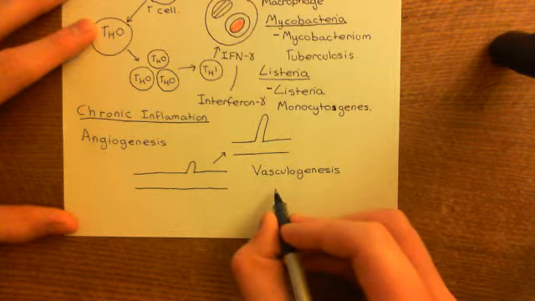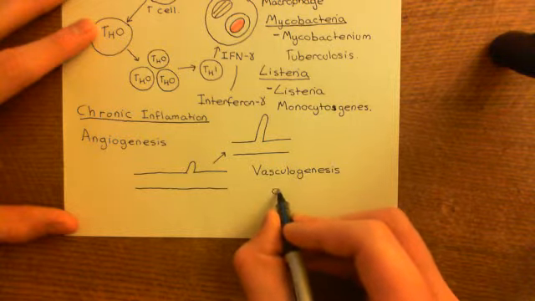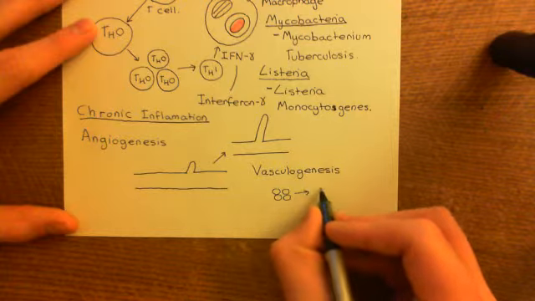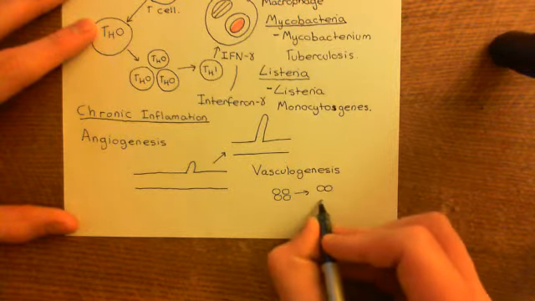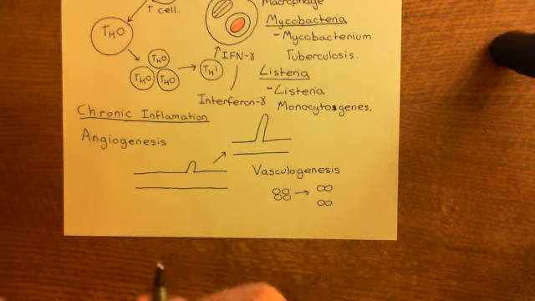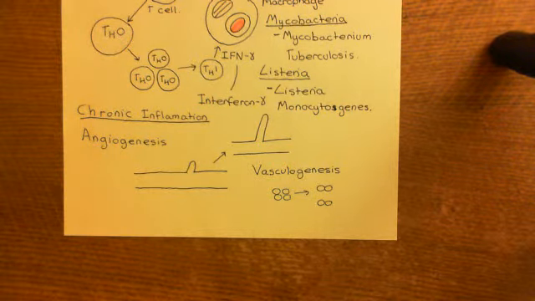You're actually going to just take a bunch of cells, and those are going to form a blood vessel. So very simply I'll show it like this. It's the formation of blood vessels from scratch. You're not starting with a blood vessel, you're starting just with a bunch of cells, and they're going to start making a blood vessel.